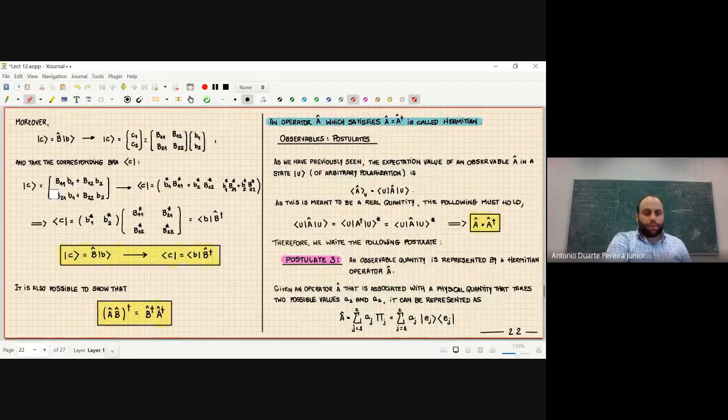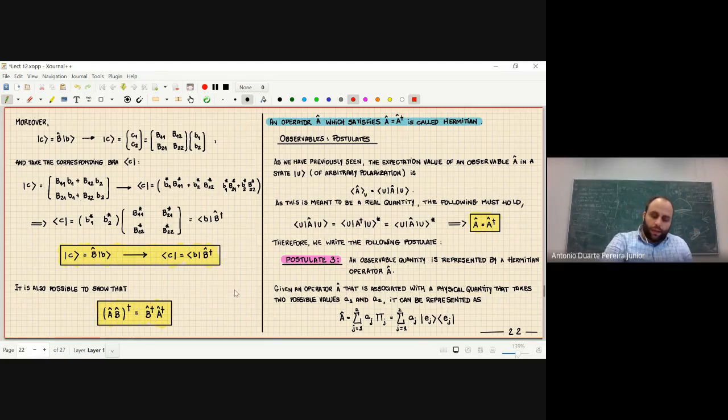So I just wrote C as being, when I write C as the operator B acting on the cat b, I just wrote the components of the vector C. But remember, we learned how to write the bra if I know the cat, right?